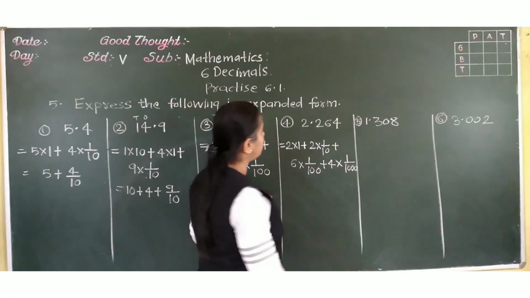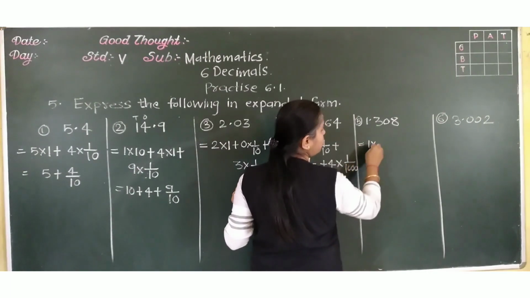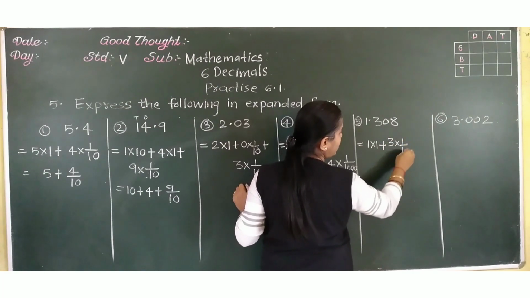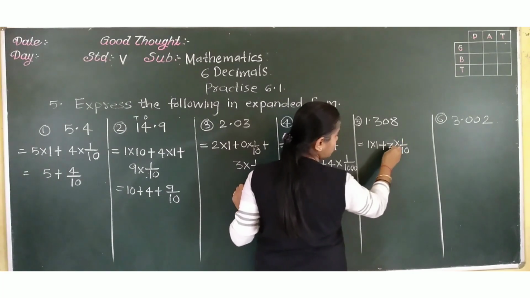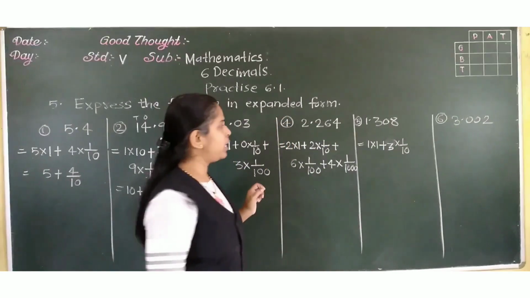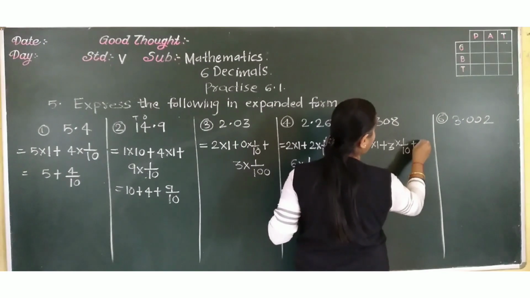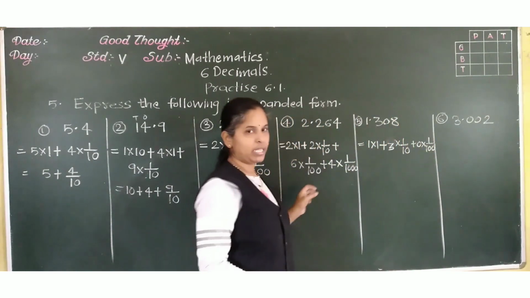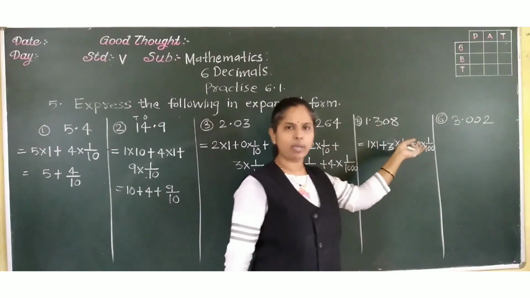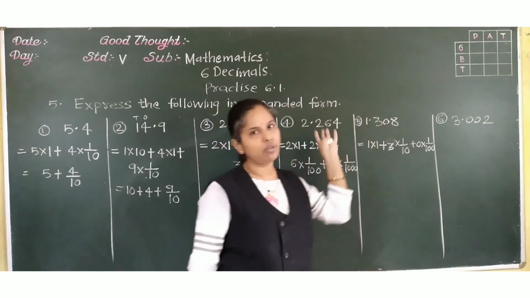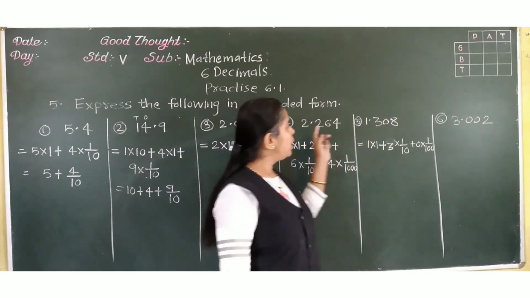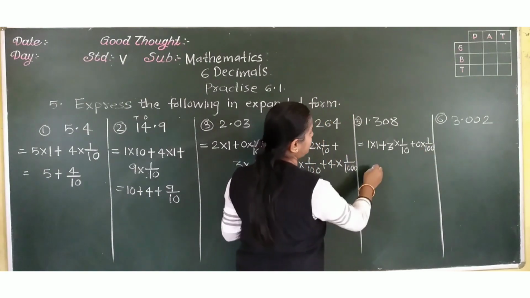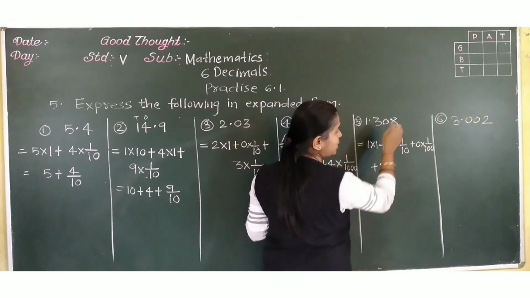Okay. Here 1 into 1, plus 3 is there at which place? Tenths place, so multiplied by 1 upon 10. 0 is at which place? It is at the hundredths place. If you do not show it, then also okay, because 0 multiplied with any number gives 0. But I have shown here 0 into 1 upon 100. Plus 8 is there at which place?